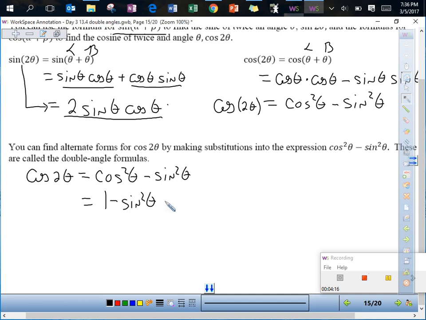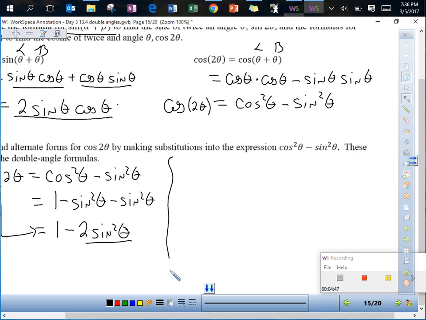And I still have this sine squared. If I simplify this, I'm going to come up with a second formula for cosine of 2 theta. And that formula is going to be 1 minus 2 sine squared theta. So now I got 2 formulas for cosine of 2 theta. We will use this formula whenever we're given a sine value.